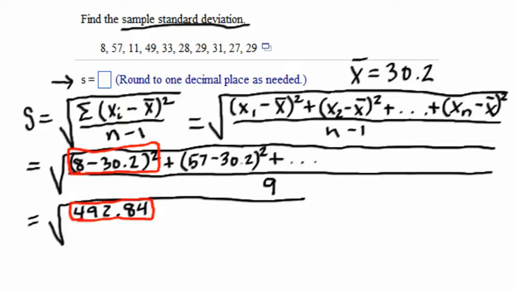And then similarly, we would have 57 minus 30.2 squared. So that would be 718.24.